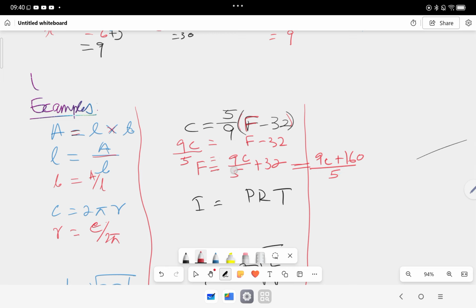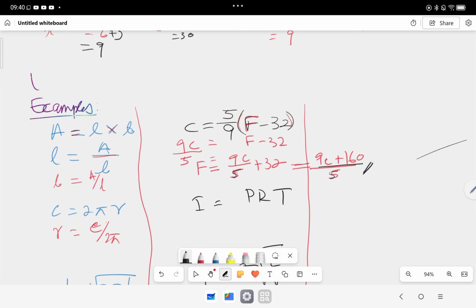Multiply both, so common denominator is 5 here. Therefore, it will be 9C plus 160 over 5.